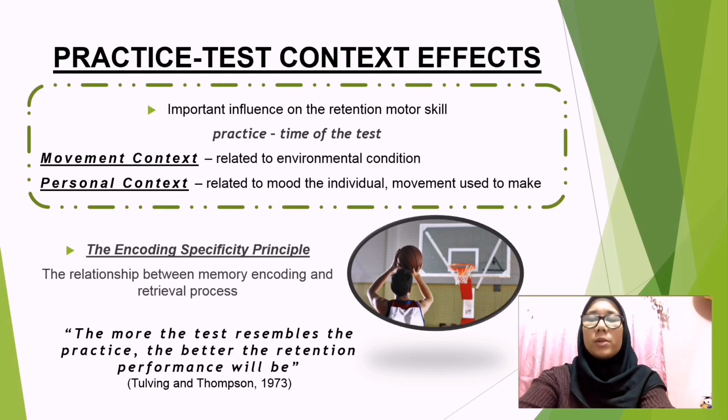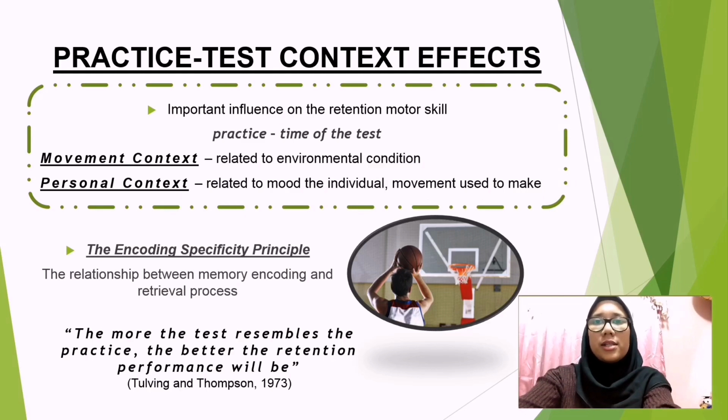An example of movement context related to the environment is when you experience watching football at a stadium. The situation at the stadium is the memory, and you can remember the timing, the noise of the crowd, the lighting, and everything.